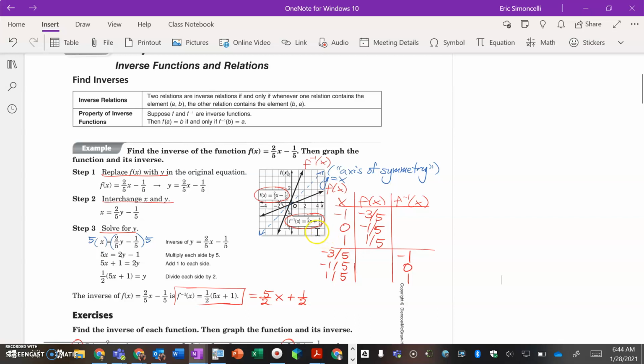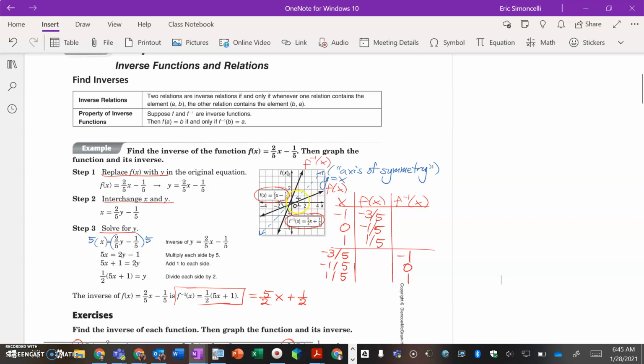So if you look at the graph, this line right here, which again is the inverse, will have this point right here as again what we described as a and b flipping. So negative 1/5 comma 0. Similarly, let's maybe look at another point here. How about 1 comma 1/5, which is right about here.